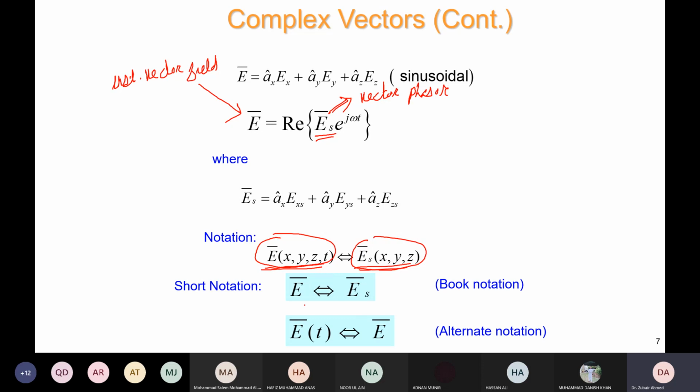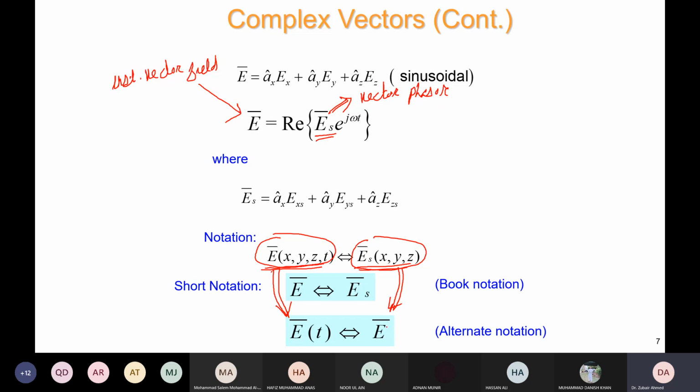I will also use this alternate shorthand notation for these two quantities, in which I will express this thing with a function argument t and this phasor with simple electric field E. I will drop this subscript s.